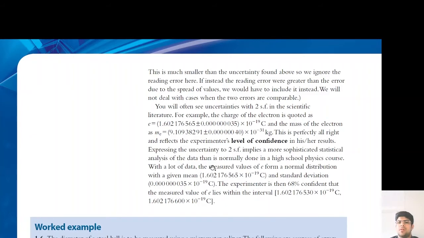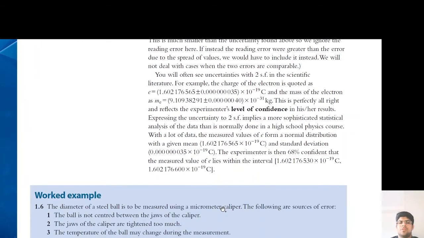With a lot of data, the measured values of the electron charge e form a normal distribution with a given mean of 1.6021766565 times 10 to the power minus 19 C, and standard deviation 0.00 and so on 35 times 10 to the power minus 19 C. The experimenter is then 68% confident that the measured value of e lies within this interval. So he's pretty much sure.